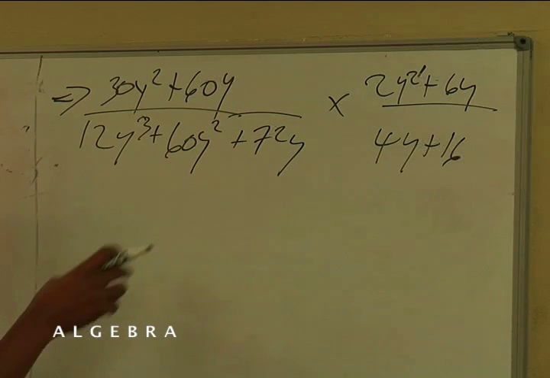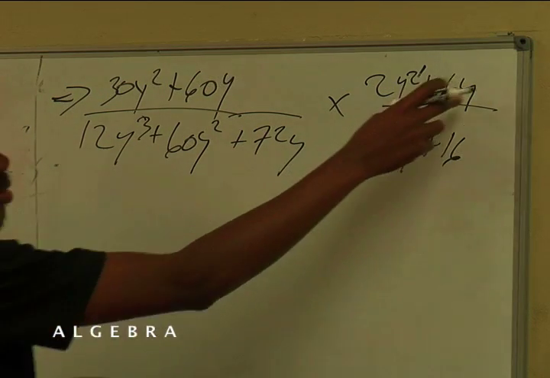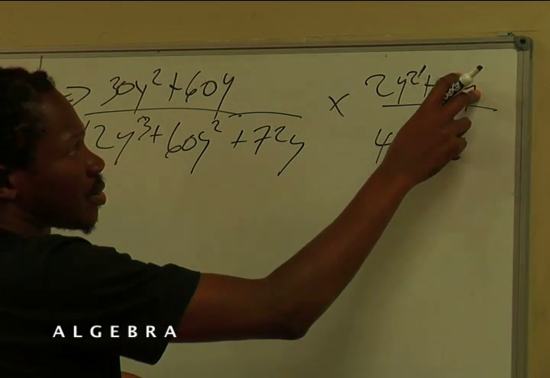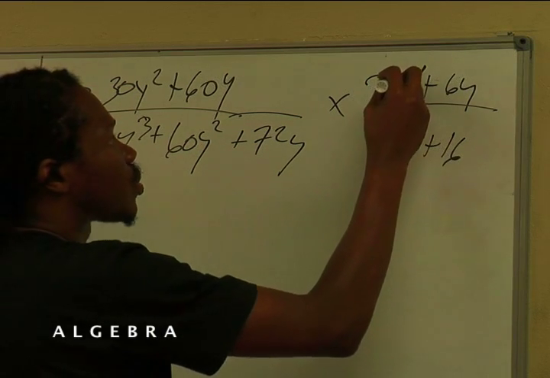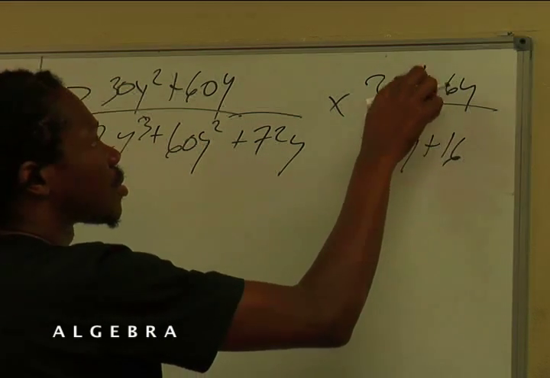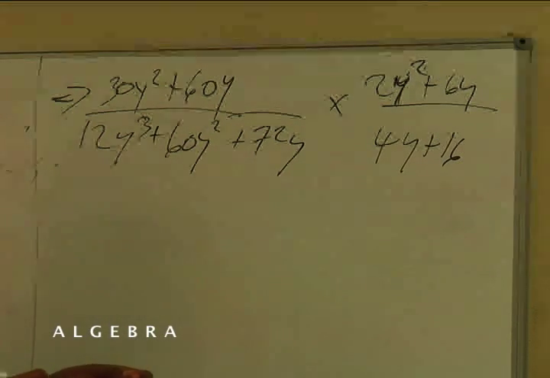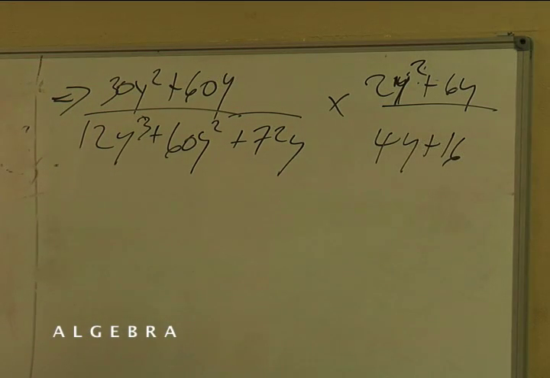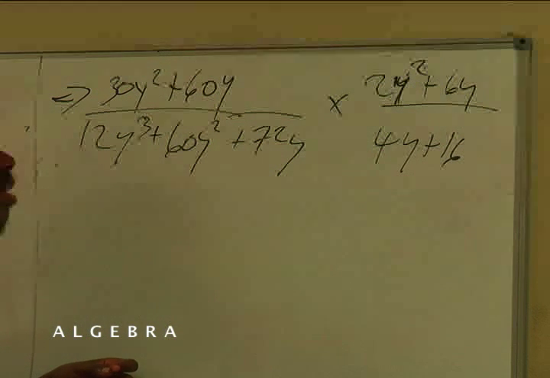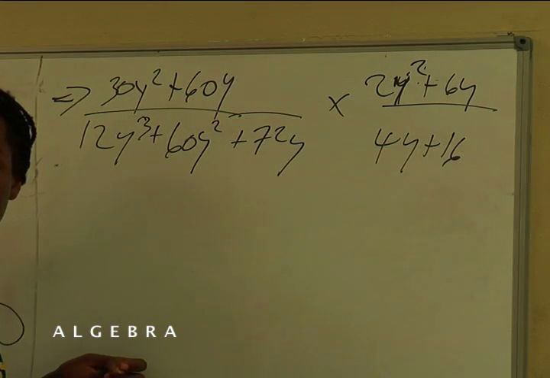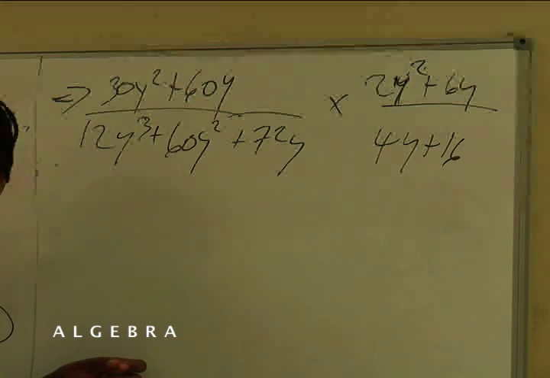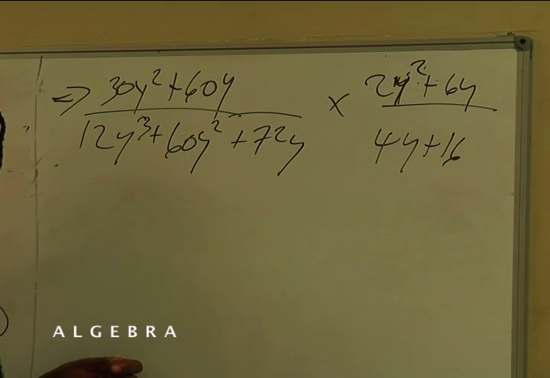Is there anything down here that can go up here? Is that 2y squared? Alright, 6y can go into 72y, because 6 can go into 72. 6 into 72 is 12.